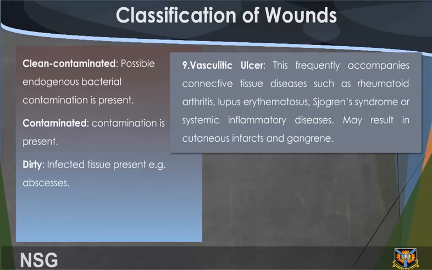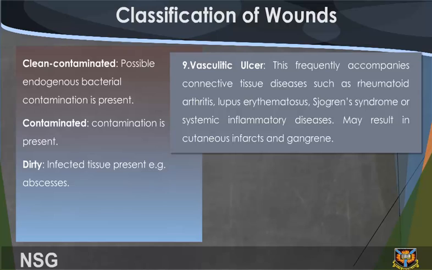Clean contaminated: possible endogenous bacterial contamination is present. Contaminated: contamination is present. Dirty: infected tissue present, e.g., abscesses.